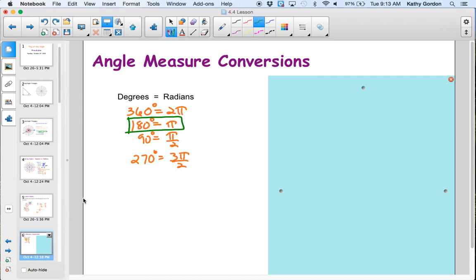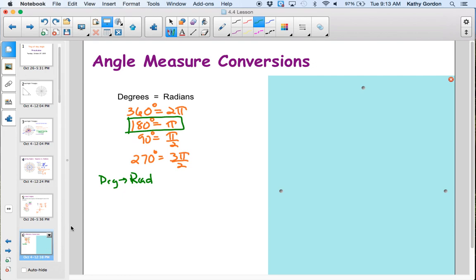If I'm trying to go from degrees to radians, then I need to take my degree answer, the measurement I'm given, and multiply it by something to make it into a radian answer. Well, radian answers generally have pi's in them. Not always, but often.